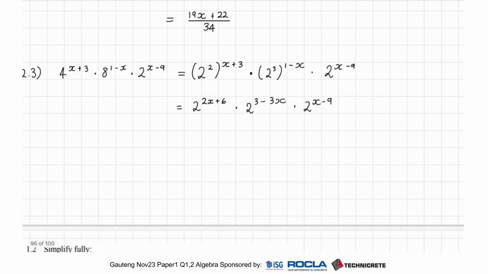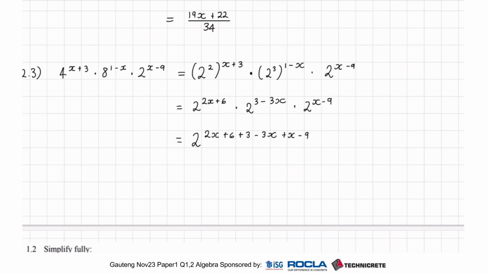And now that I've got all the same bases, all of them in terms of base 2, I can just add all of these exponents together. So I'm just going to have 1 base 2 now, then 2x plus 6 plus 3 minus 3x, and then plus the last one, which is plus x minus 9.